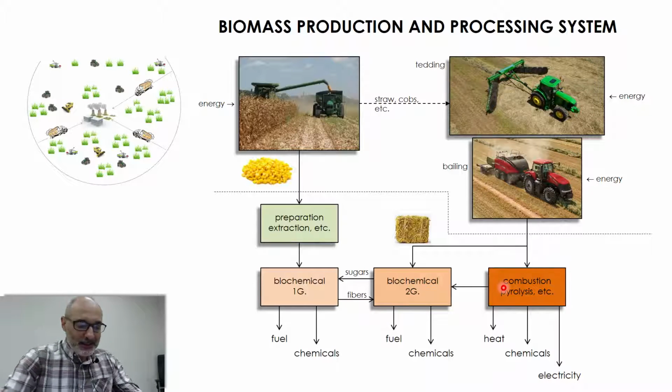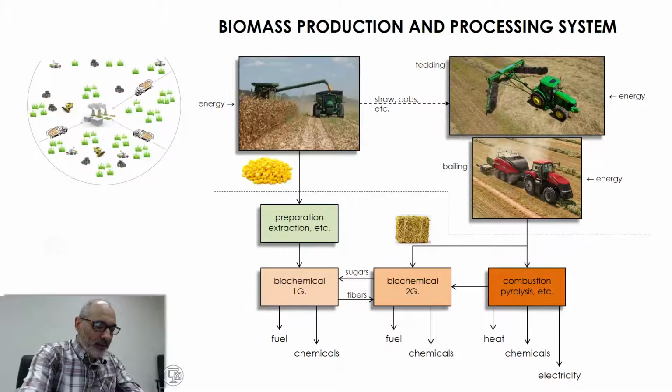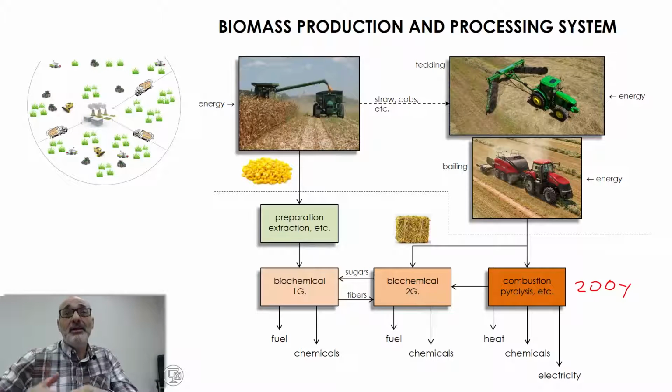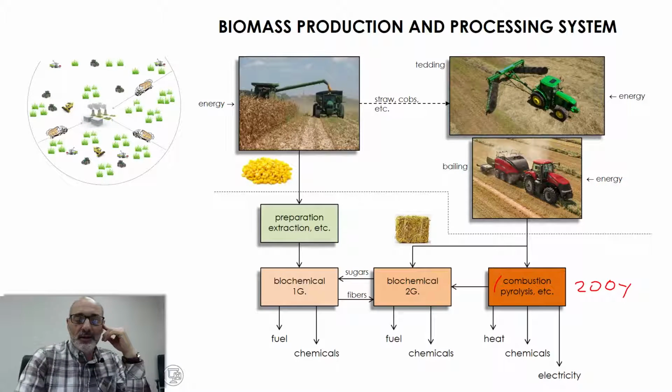Let me just write down some numbers already. This thermochemical pathway actually is very, very old. We have at least 200 years of accumulated experience in processing through combustion, pyrolysis, and so on. I'm going to talk about this thermochemical pathway in the last slides of this class.